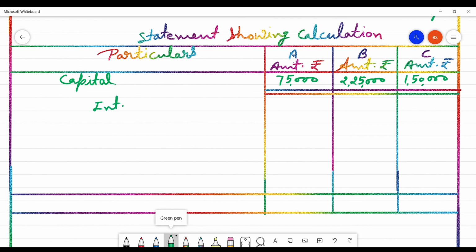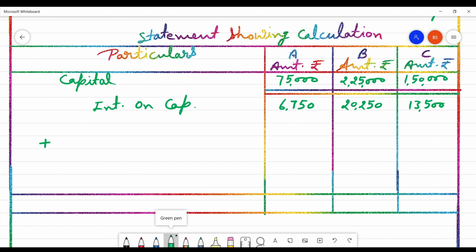Interest on capital at the rate of 9%: 75,000 multiplied by 9% comes 6,750. 2,25,000 into 9% comes 20,250 and 1,50,000 into 9% comes 13,500.